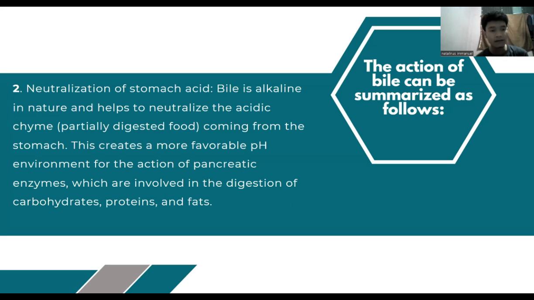The second is the neutralization of stomach acid. Bile is alkaline in nature and helps to neutralize the acidic, partially digested food coming from the stomach. This creates a more favorable pH environment for the action of pancreatic enzymes, which are involved in the digestion of carbohydrates, proteins, and fat.